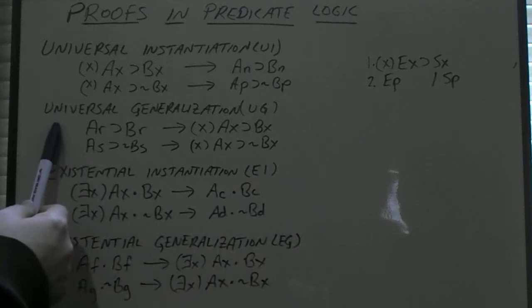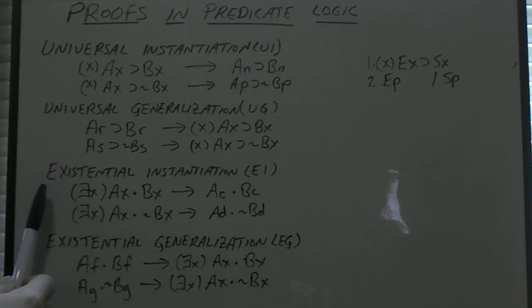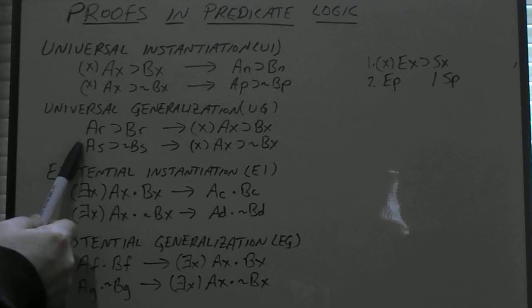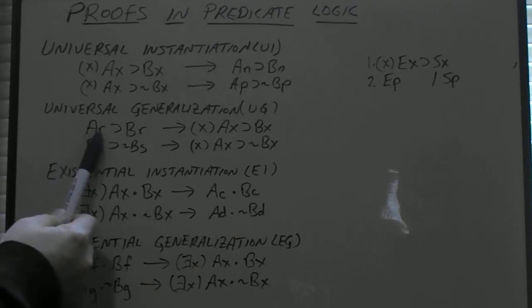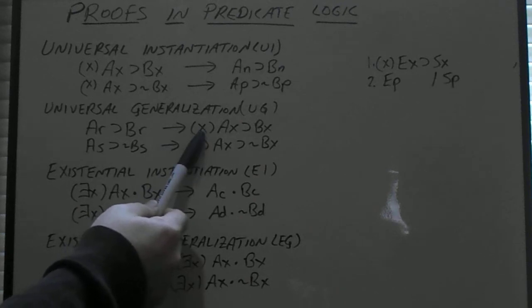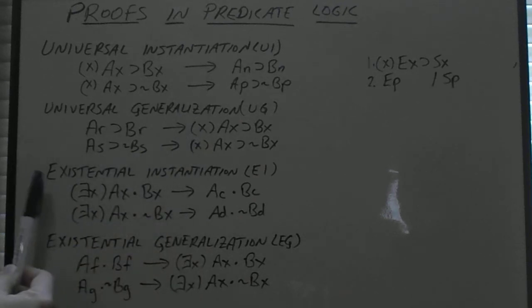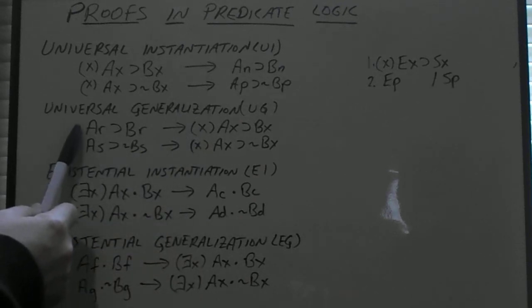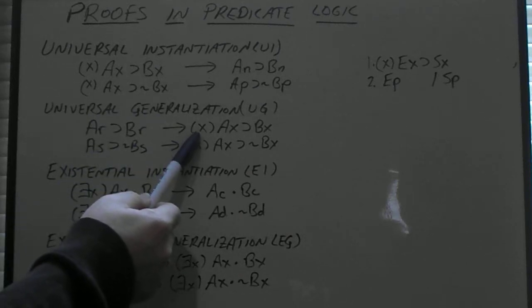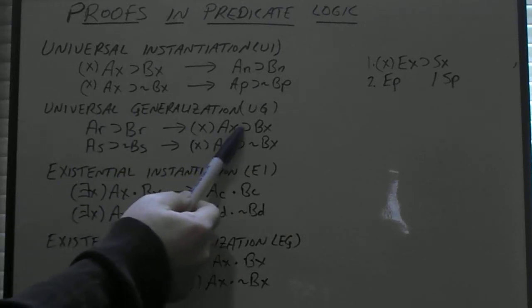To do a universal generalization, UG, it's just the opposite. You've got the basic letters here, and you're going to get rid of those and replace them with the x and add the universal quantifier. So for example, if what you have is Ar then Br, to do a universal generalization, you're going to add the universal quantifier, the x, and then replace the r with the x.